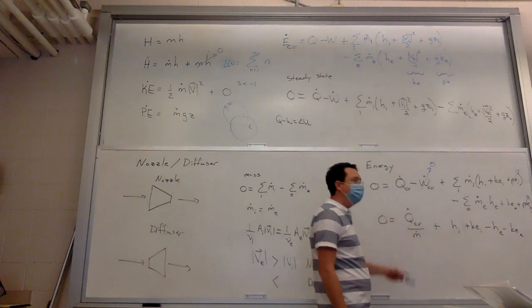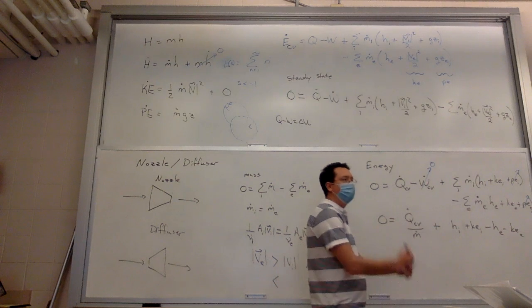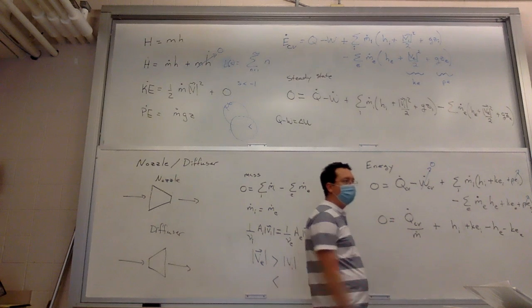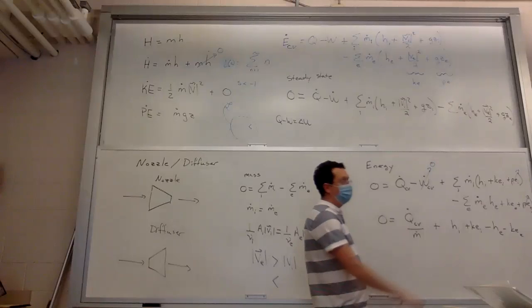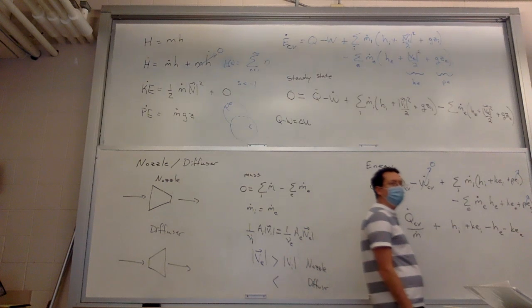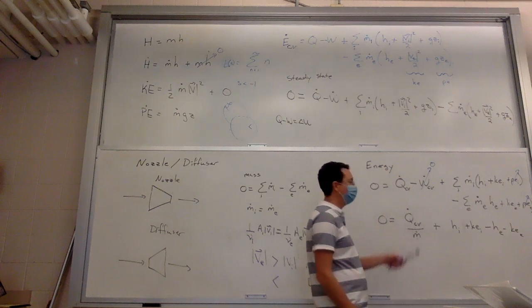Q dot over m dot. What is that? Use L'Hopital's rule. What would that equal? Or what does L'Hopital's rule connect that to?